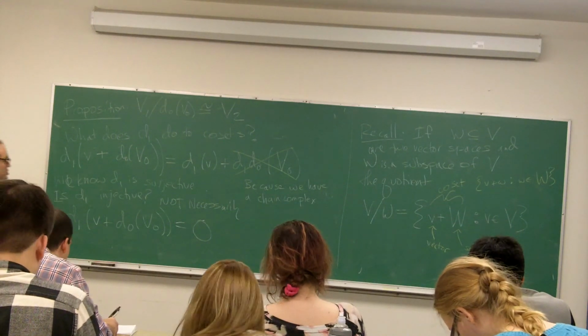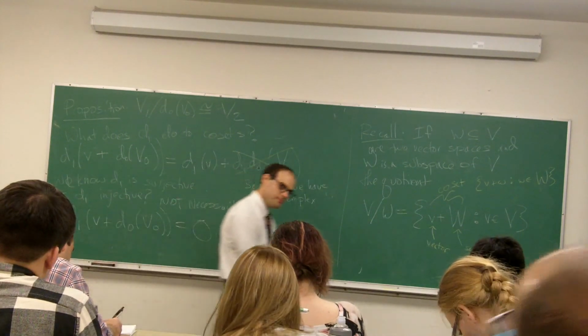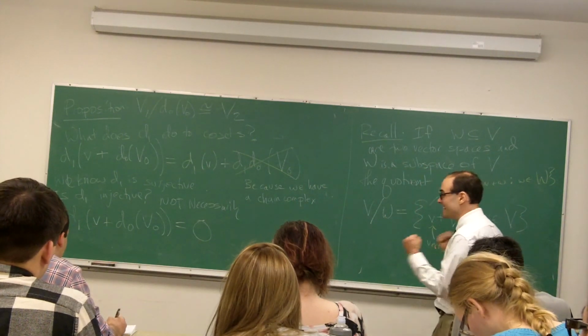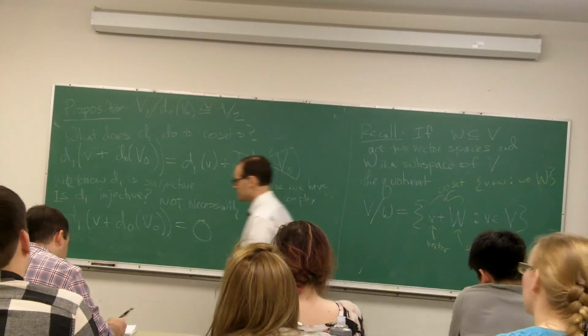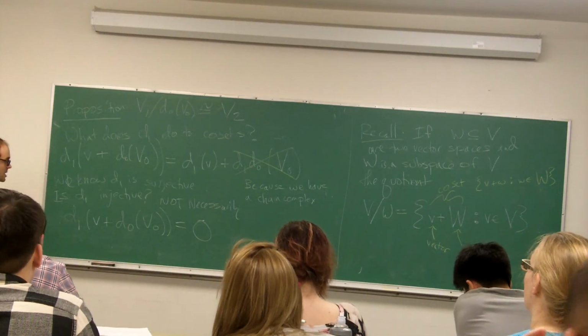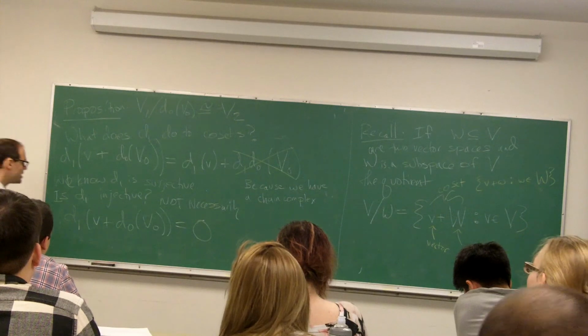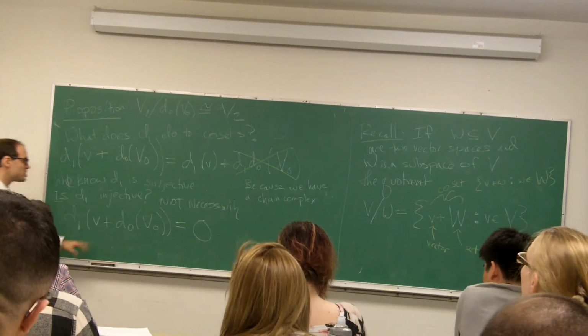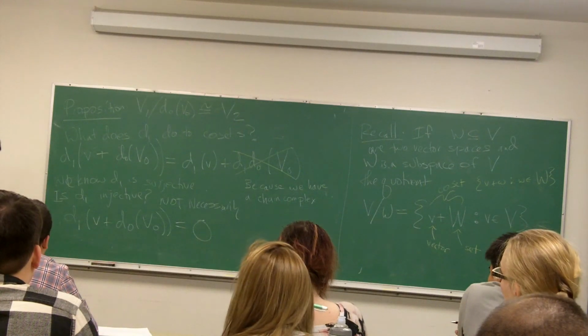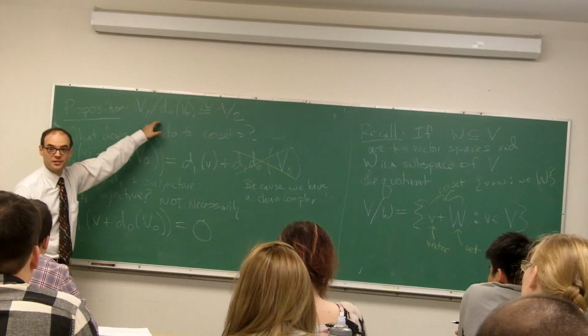Oh, well, wait a moment. I know something about the kernel of D1. What is it? It's the image of D0, because it's exactly the image of D0. Well, what does that tell me? That tells me that the only things that spoil the game for injectivity are all the things that aren't in the image of D0, i.e. everything that's left.